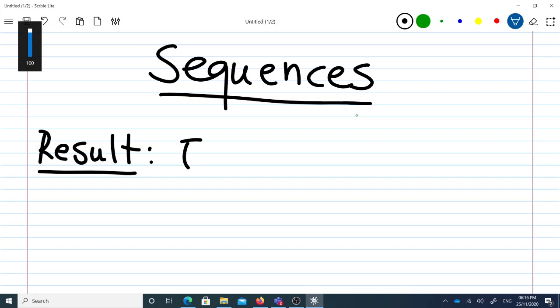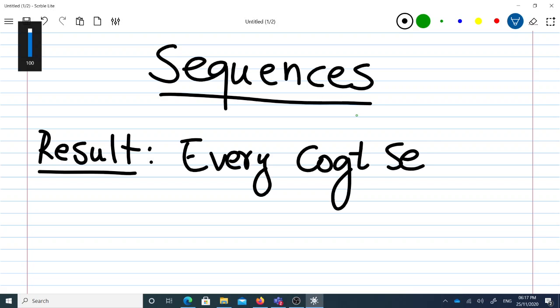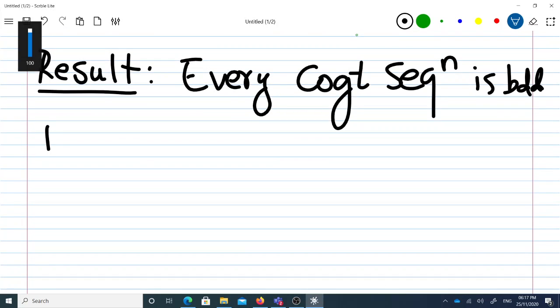Result: every convergent sequence is bounded. So let's prove.